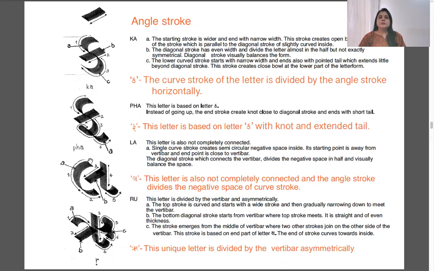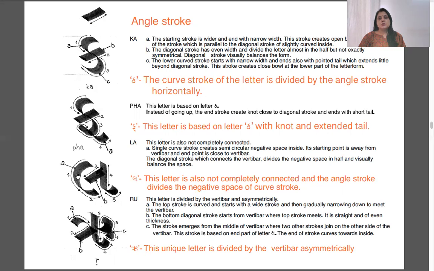Next group is the combination of angle stroke. This is letter K. The curve stroke of the letter is divided by the angle stroke horizontally. Next letter is F. This letter is based on letter K with no extended tail.